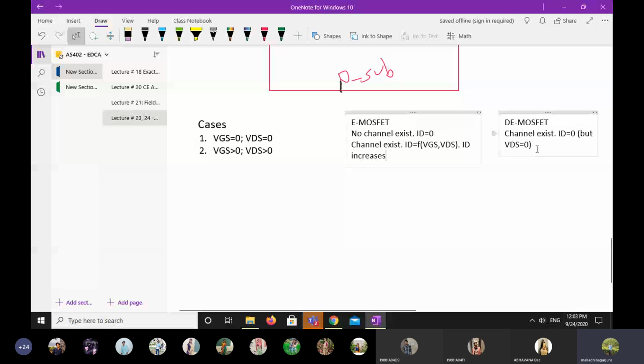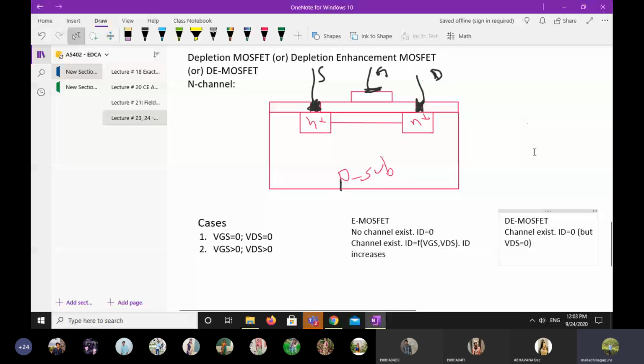Now see the D MOSFET. You see the circuit and tell me. The channel exists.